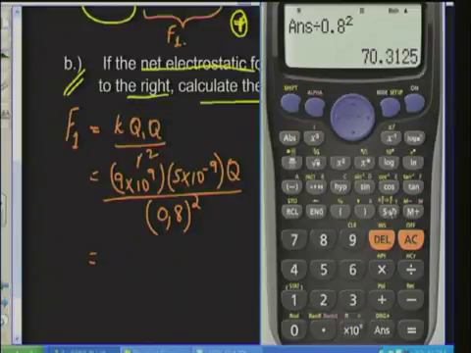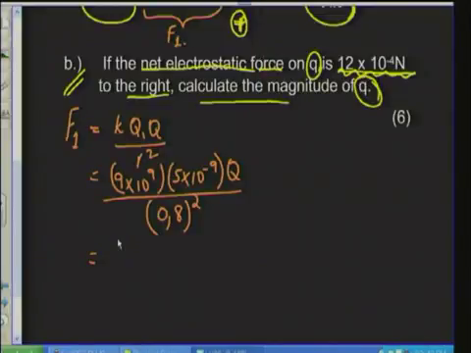And what do we get? We're getting 70.31. So this is 70.31 Q. This is F1. So that's F1.